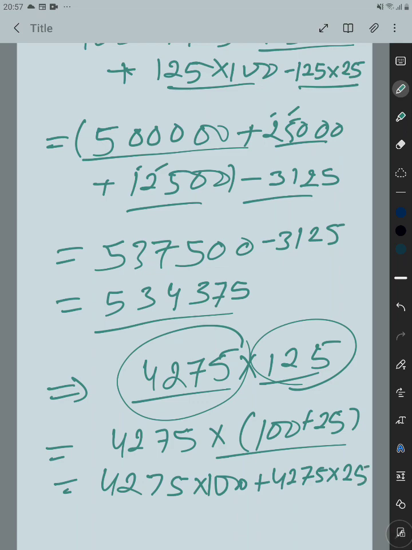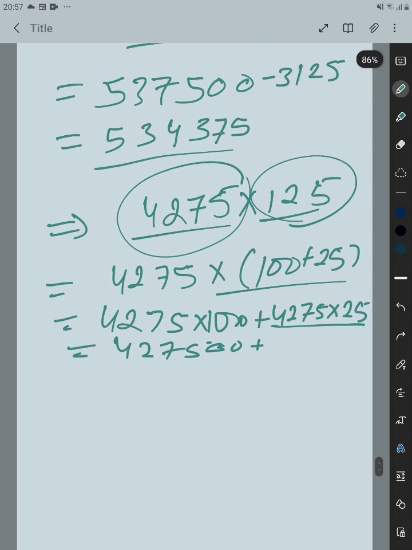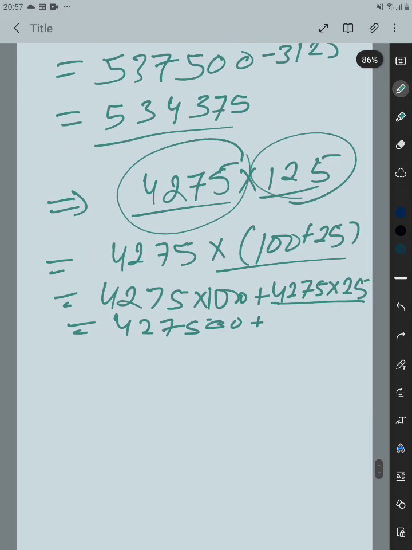So 427500. Now this can be multiplied by this one. It could be a little harder, but we can make it a little easier.